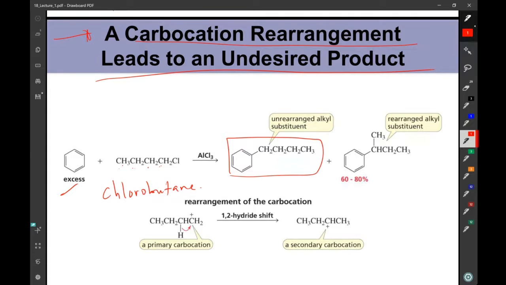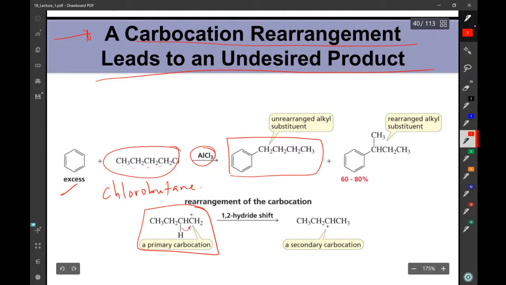But the problem is that when the chlorobutane interacts with aluminum chloride to generate your carbocation, this is the carbocation that will be formed. What type of carbocation is it? Primary. We have a primary carbocation, and we all know that primary carbocations are not good.